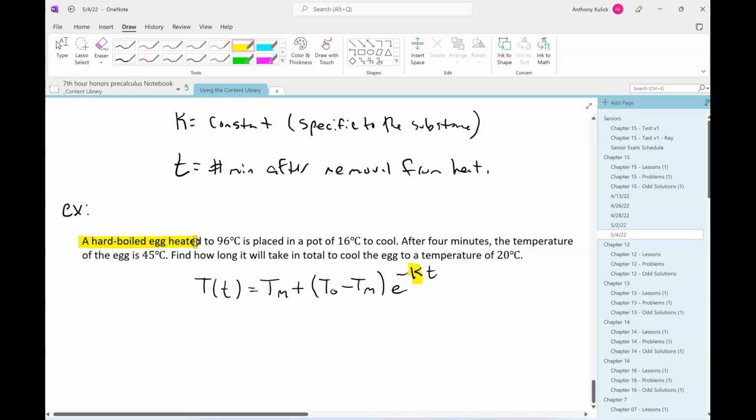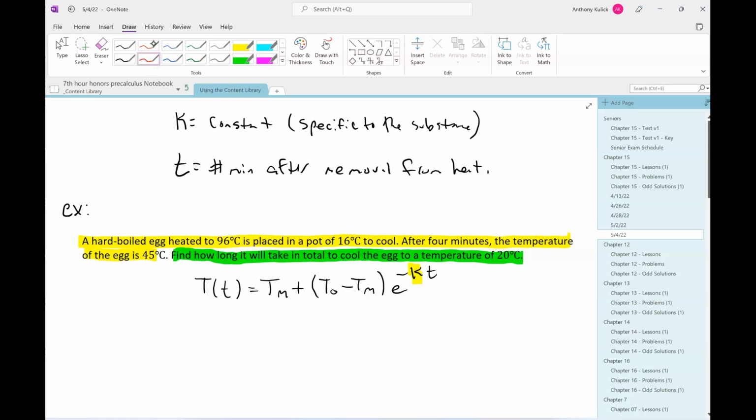So when I read this, it sounds like the first couple sentences are what I need to solve for K. It's describing a very specific situation of what happened. And then later it's asking us to make a prediction. So this is kind of like a two-part problem. Okay? All right, so let's solve for K here.